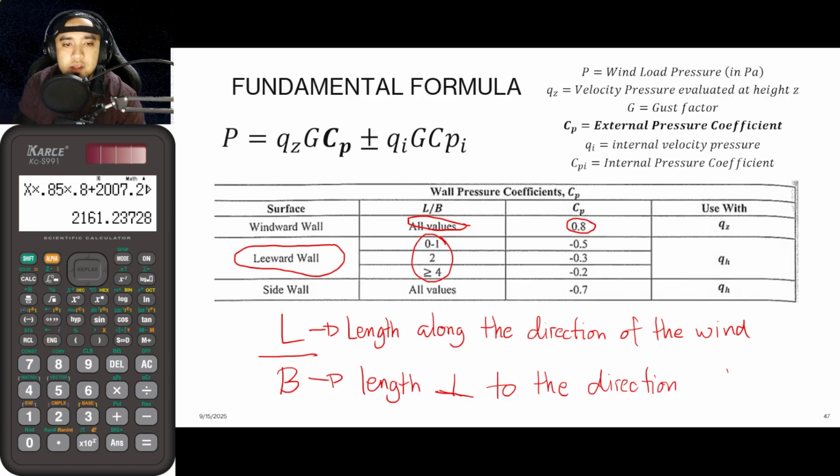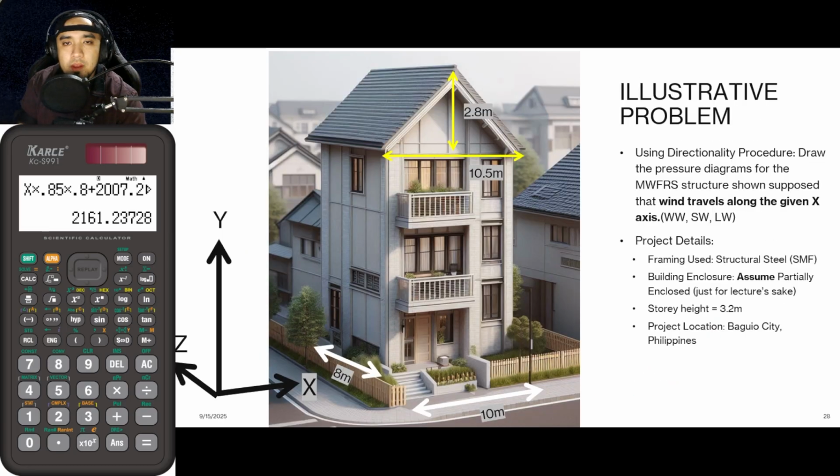So in our building here, if we assume that the wind will travel from this direction to this direction, it means that 10 meters is the length along, and 8 meters is the length perpendicular.